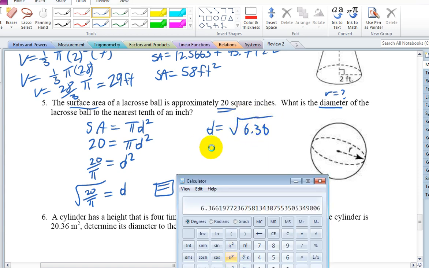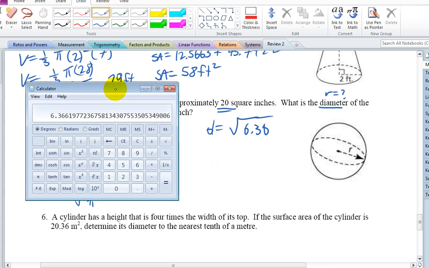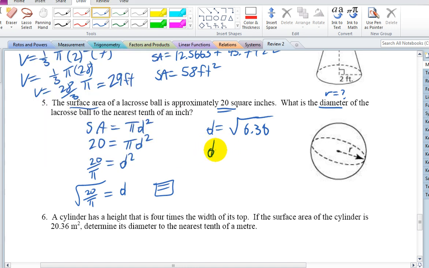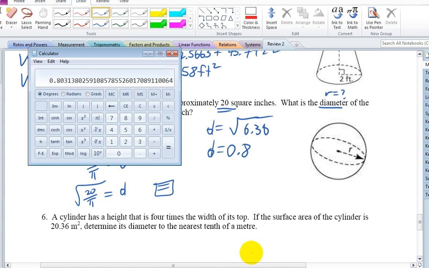You need to know that number or your calculator is going to take the square root of a midway number. Okay, a different one. So then I can press square root of that and equals 0.8.